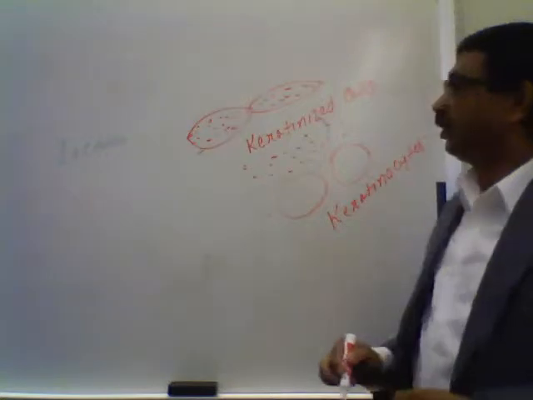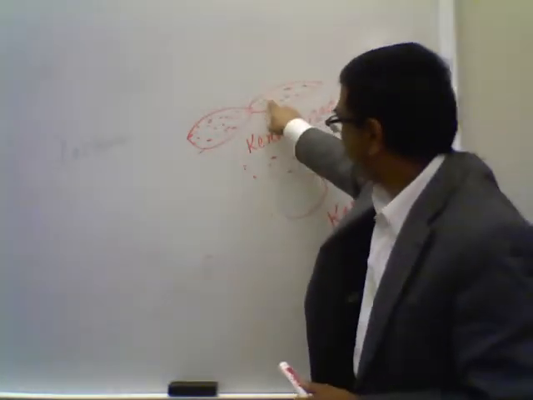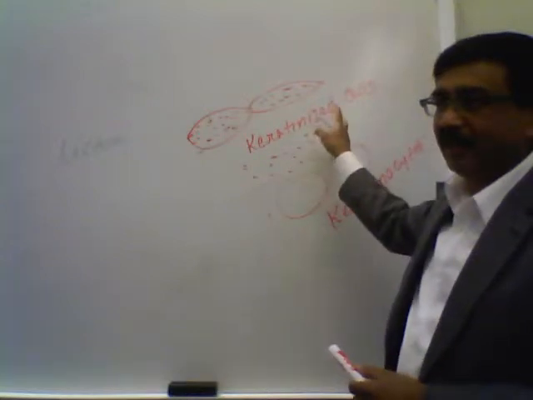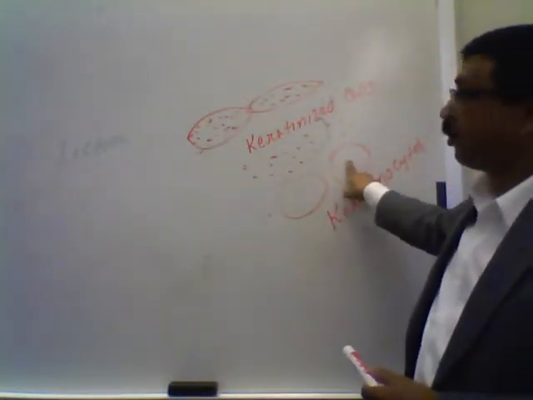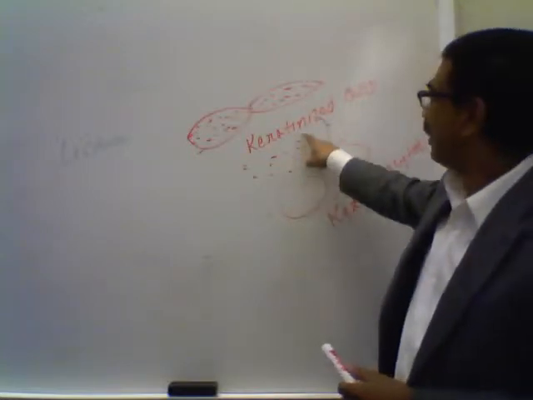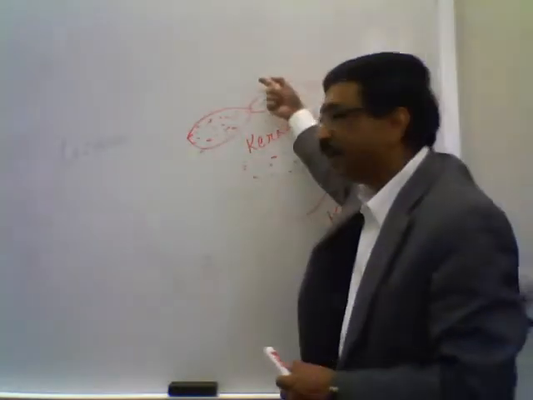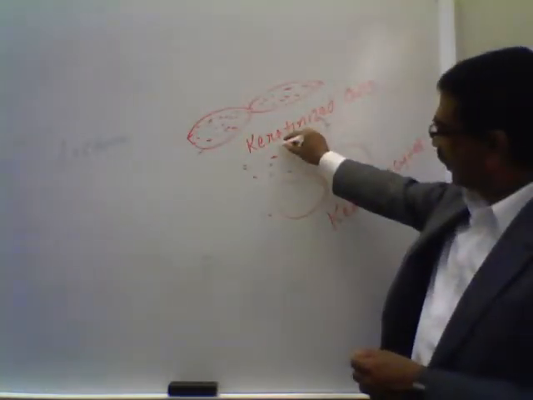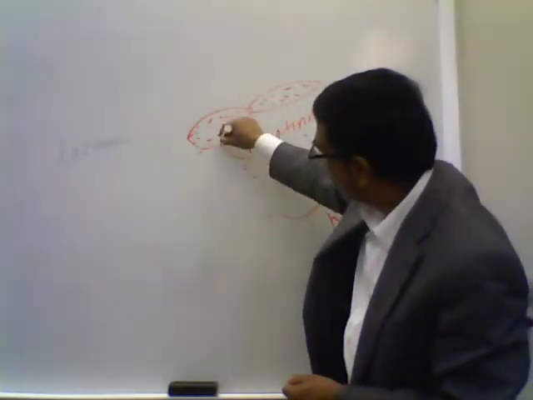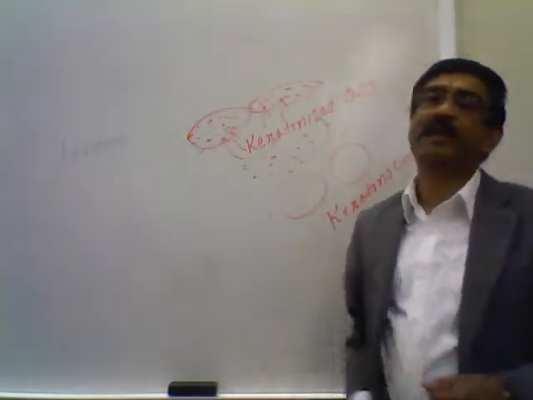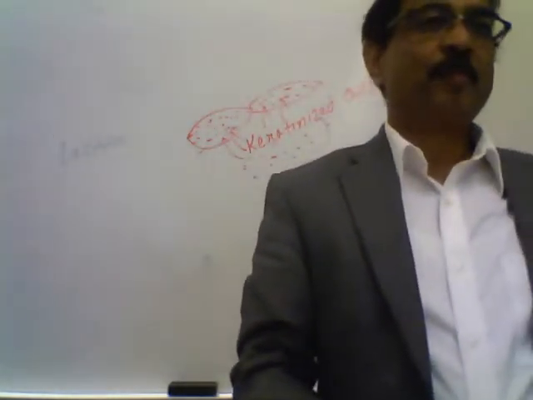So you see, keratinized cells and keratinocytes are two different types of cells, right? Keratinocytes produce and secrete keratin, and keratinized cells get filled with keratin. So what happens? These cells produce and release keratin, then this keratin enters into the squamous cell to make them keratinized cells.